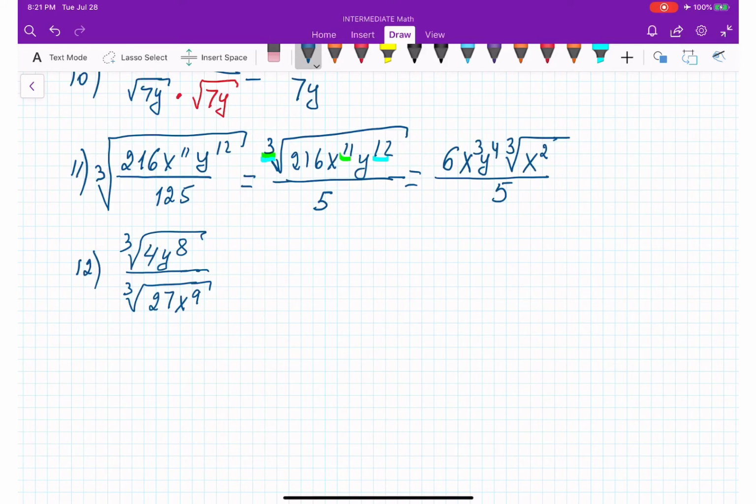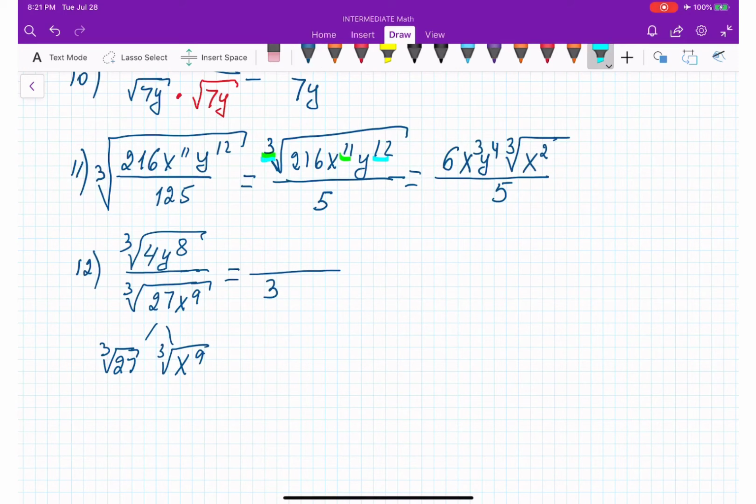before I try to rationalize, I want to see if anything will come out. Because I know that cubic radical of 27, I'm breaking down like this, cubic radical of 27 and cubic radical of x to power 9, right? So cubic radical 27 is 3.